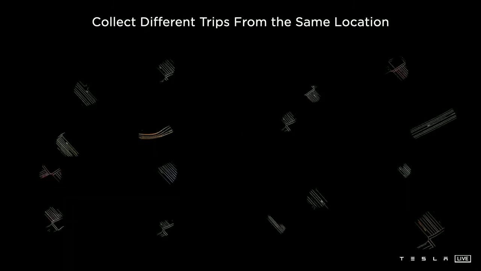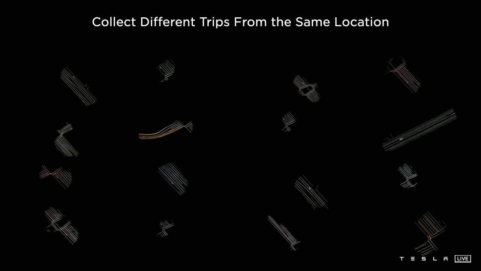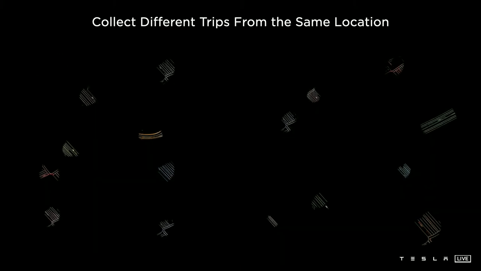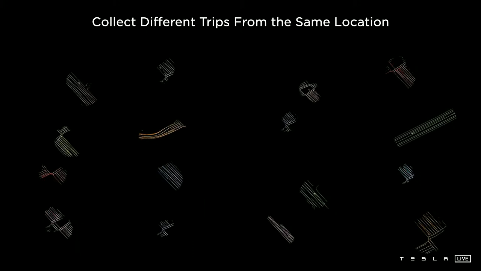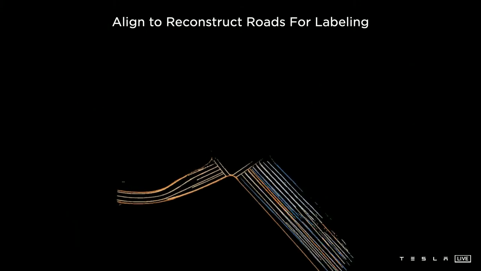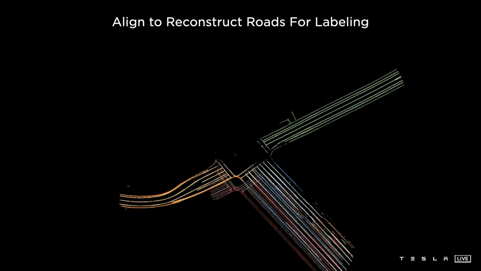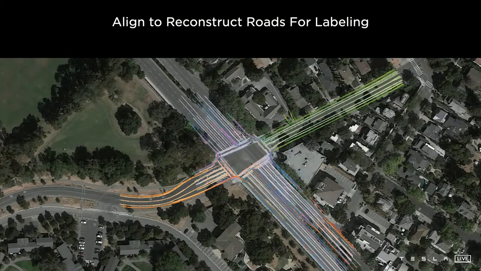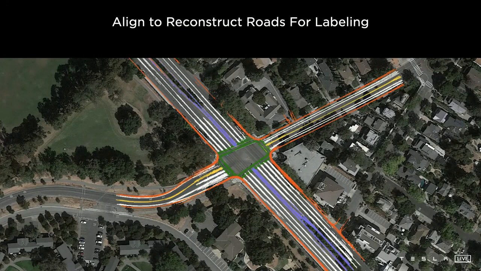But we don't have to stop there. Here, we collected different clips from the same location, from different cars maybe, and each of them sweeps out some part of the road. The cool thing is we can bring them all together into a single giant optimization. Here, these 16 different trips are aligned using various features such as road edges and lane lines. All of them should agree with each other and also agree with all of their image space observations.